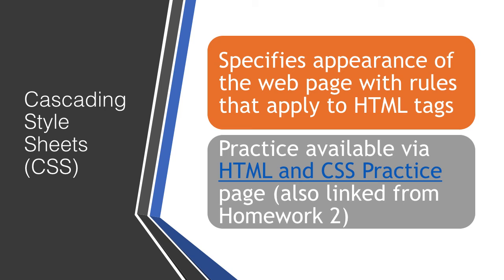But most of the time when you're trying to make nice looking web pages, you will want to have a style sheet because you want to control how it's going to look to a user and not leave that to chance. So I have quite a lot of practice available on HTML and CSS and how those two interact, linked from the Homework 2 assignment.